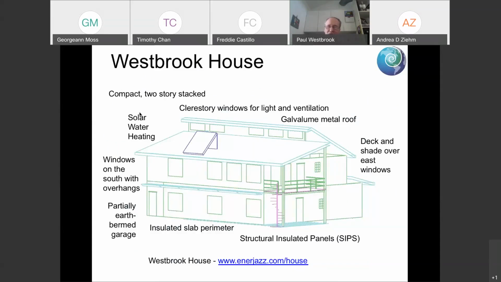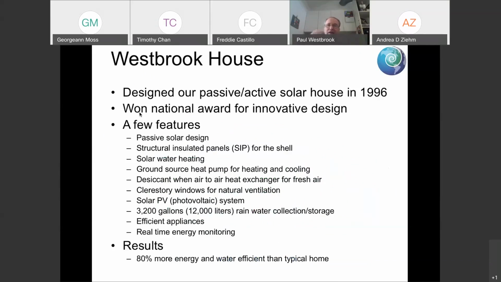I used structural insulated panels, I insulated the slab perimeter, I used a metal roof that was reflective, I used solar water heating to heat our hot water, or heat our water, then it becomes hot water. I did all those things to minimize how much energy we use. That's just a list of the features. So we're about 80% more energy and water efficient than a typical North Texas home. So we have a real running jump start in the first place.